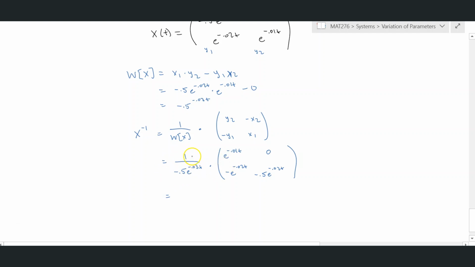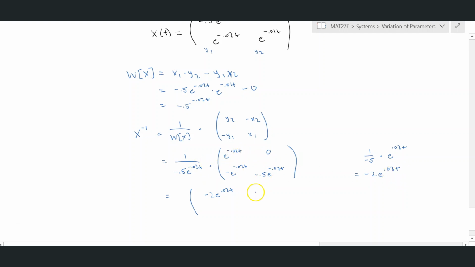And so now we just need to simplify this a little bit. And so you can choose to write this as 1 over negative 1/2 multiplied by e to the positive 0.03 t. Right? We bring that into the numerator and switch the sign. But don't take the negative 0.5 with it, because that's not being raised to the negative power. So this will actually be negative 2 e to the positive 0.03 t. That just makes it a little bit easier to distribute. That way we can just add the powers. So this times this right here will give us negative 2 e to the positive 0.02 t, because we'll have negative 0.01 t plus 0.03 t.